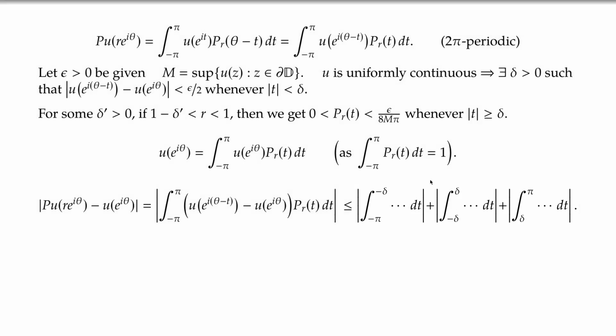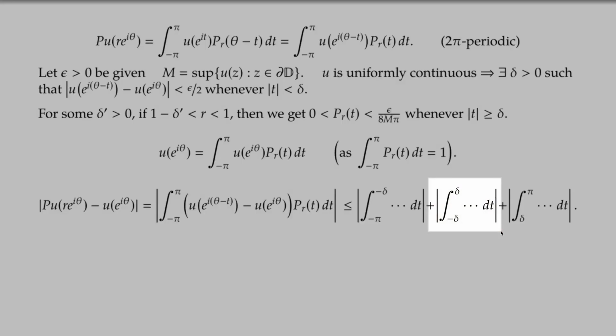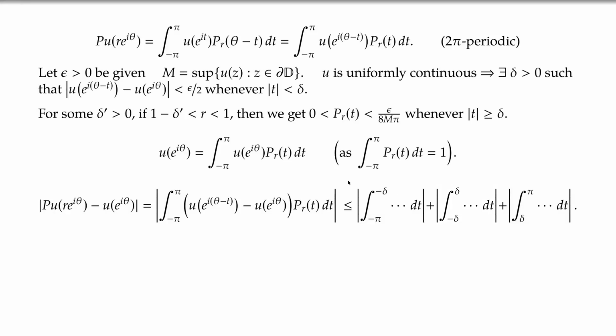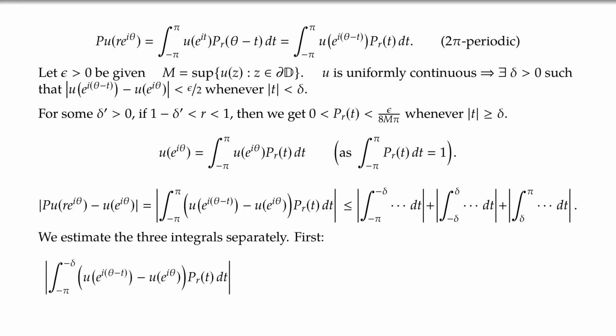But most of the mass of p sub r is going to be here, and that's going to be important. It's basically the integral of p sub r over minus delta to delta for large enough r is almost 1. All right, so let's estimate these separately. So let's start with the first one.